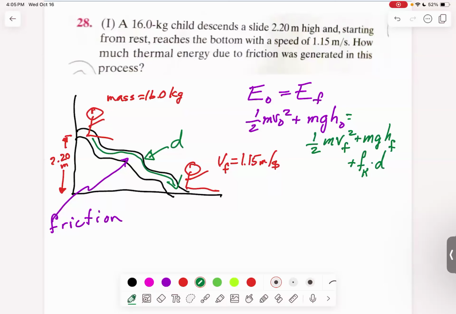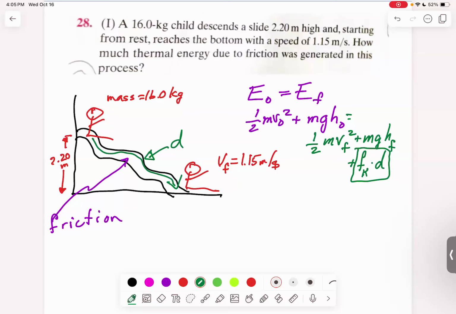And so we're not going to be able to find d per se, I don't think, and that's okay, because what we're trying to do is just figure out this last energy piece that I put in here. So this is that energy, right? Remember, that was our basic definition for work.